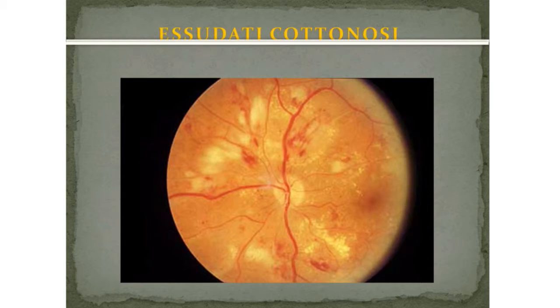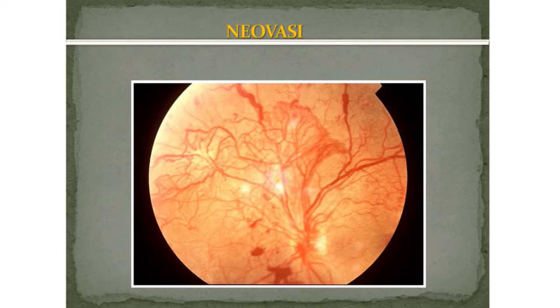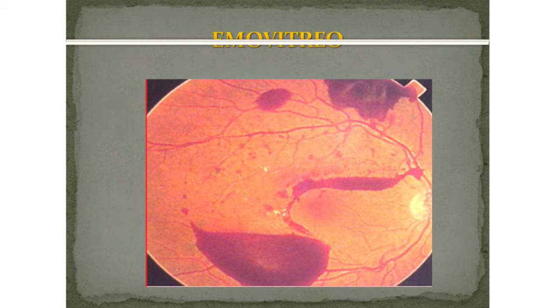Cotton wool exudates, whitish exudates, are infarctions of surface nervous fibers. You have vascular anomalies and you have new vessels because of induced ischemia. You have anomalous vessels, mature vessels, and the last sign, bleeding.